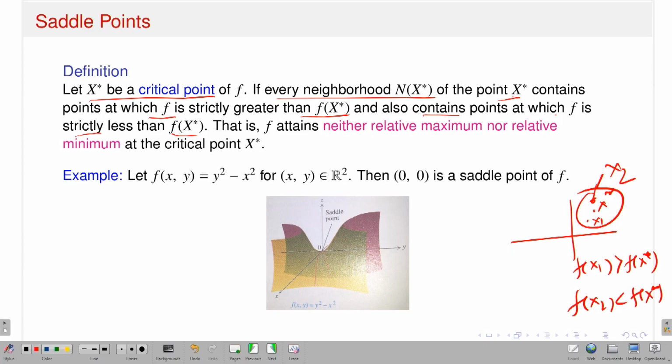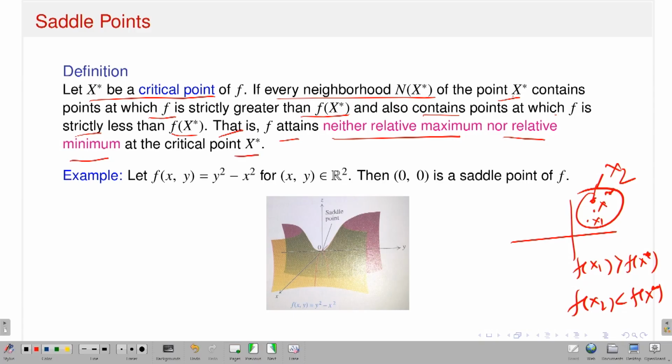So, I have one point where my functional value is strictly greater and another point where it is strictly less. That means the point x star is not a local maximum or local minimum. So, f attains neither relative maximum nor relative minimum at that point x star, and that point x star is called the saddle point.